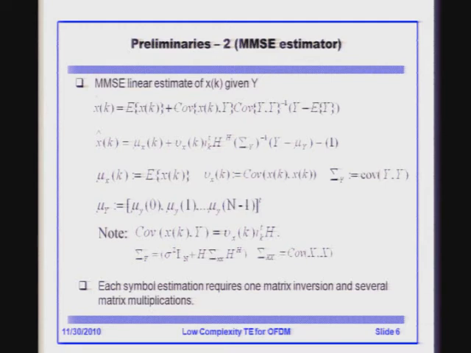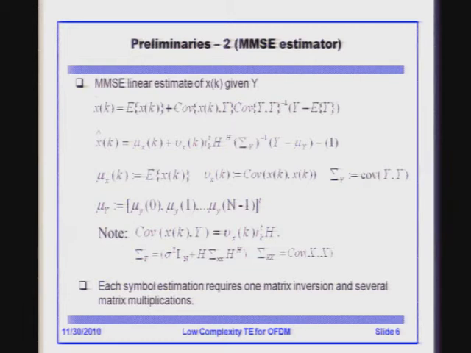Note here that in order to compute sigma y, you have a diagonal matrix generally, and you have a matrix multiplication and a matrix inversion. So that is the most computationally expensive one. And mu y is H times mu x, the mean value of the received symbols. So remember this formula.